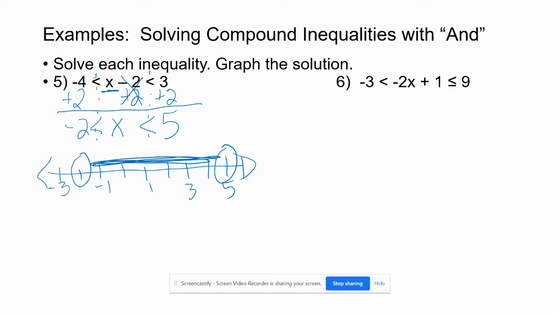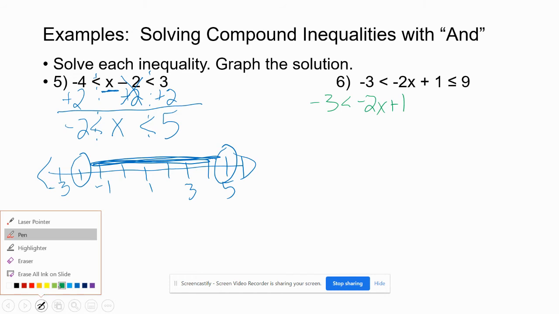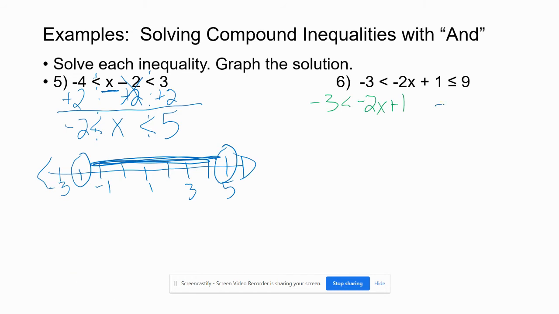And let's say that was just way too much going on, right? Let's try it a different way. I can write this as -3 is less than -2x plus 1, and -2x plus 1 is less than or equal to 9. So I can actually make this into 2 separate equations.